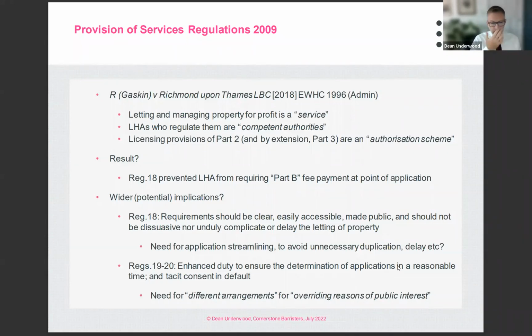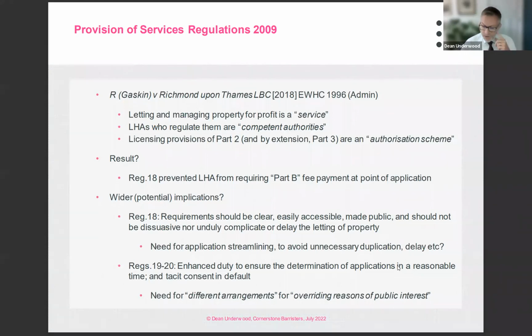So under Regulation 19, authorization procedures and formalities provided for by a competent authority under an authorization scheme must secure that applications for authorization are processed as quickly as possible, and in any event within a reasonable period running from the time when all documentation has been submitted. That period must be fixed and made public in advance.